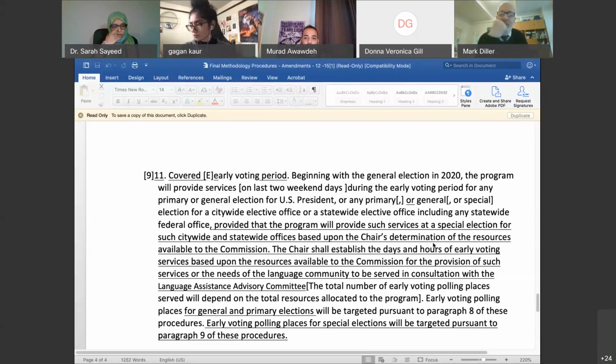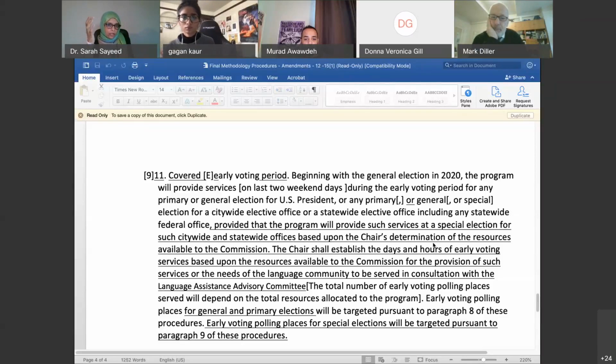Good, very good questions. I think the major challenge we have here, in addition to resources, is how we determine which languages to target when it's not a citywide election, because the estimates we have for languages spoken, and how we even choose which languages we are covering, are based on citywide estimates, right?